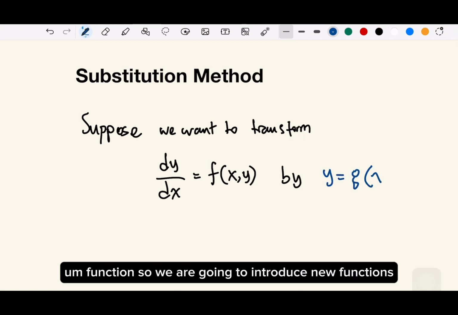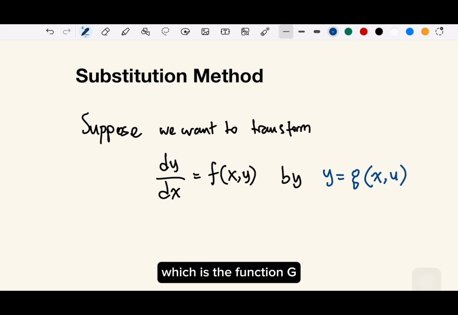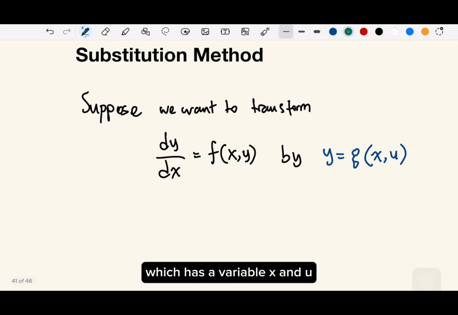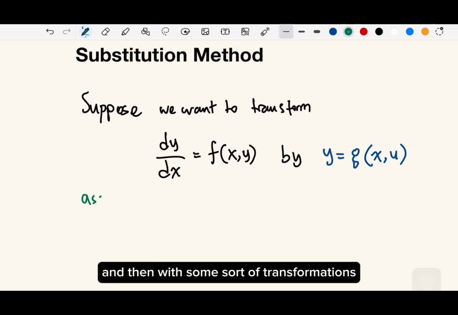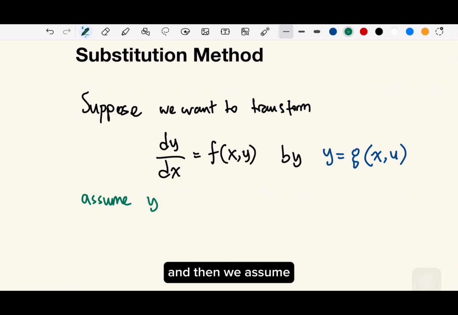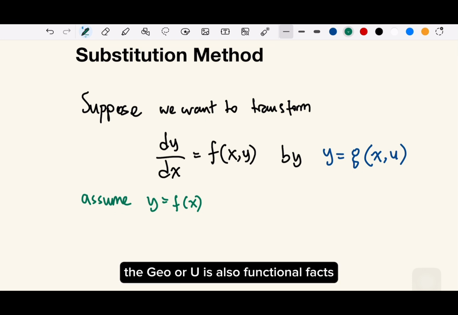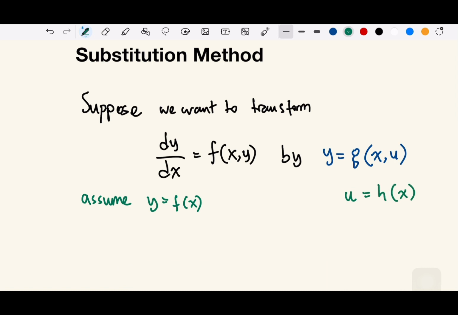So we are going to introduce a new function g, which has the variables x and u. We interchange y and u with some sort of transformation, and we assume y is a function of x, and u is also a function of x.